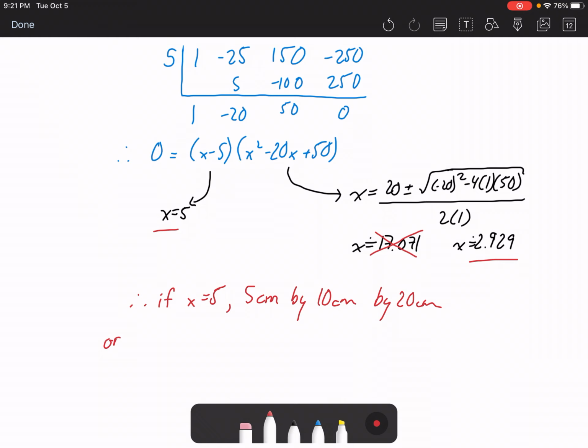Or another option is if x was equal to 2.929, then it's 2.929 centimeters by 4.142 centimeters by 14.142 centimeters. And these are the possible solutions.